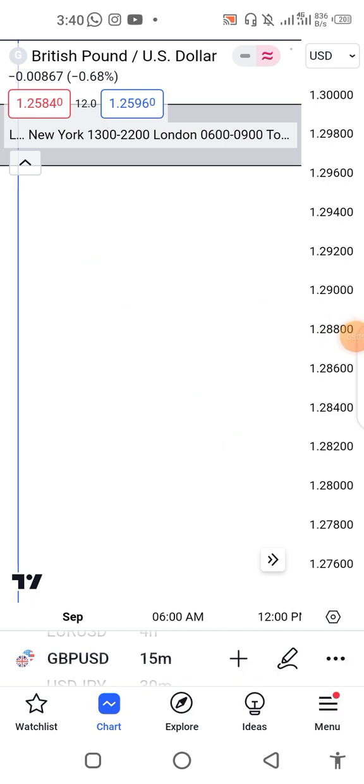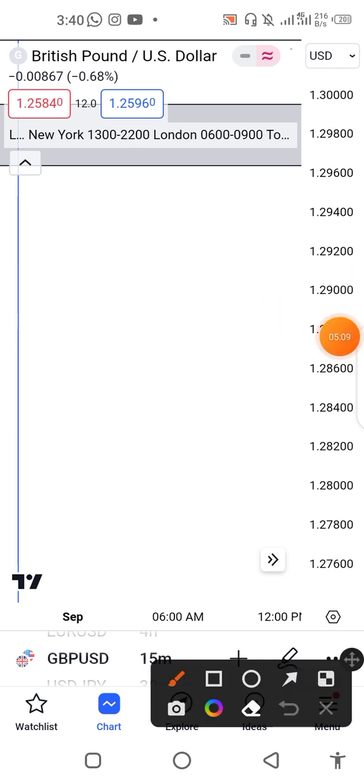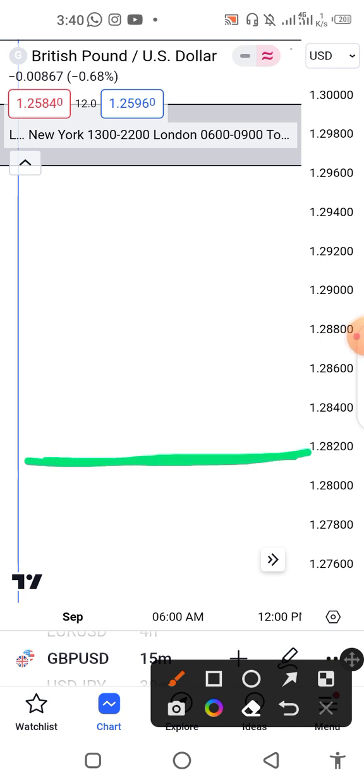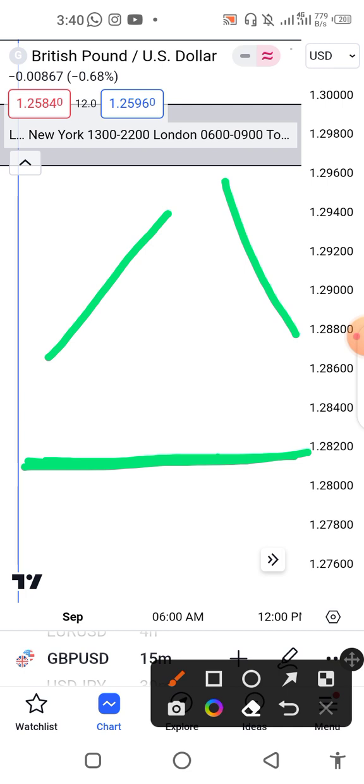So that's a trending market for you. And then a ranging market or choppy market moves like this, right? Have you seen the difference? A trending market may move this way or that way, whilst a ranging market or sideways market moves like this. I hope I'm talking to someone.